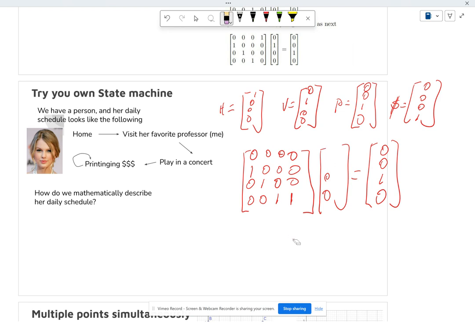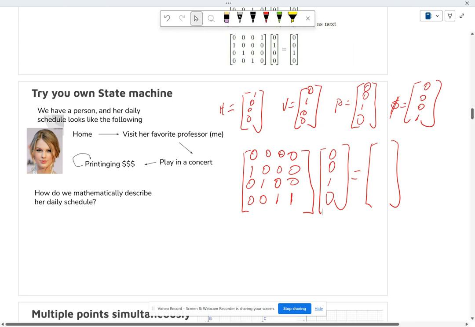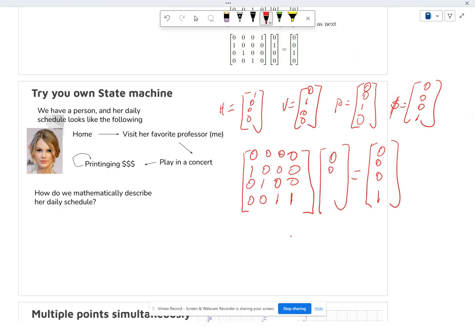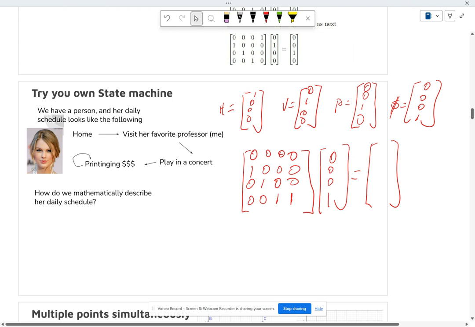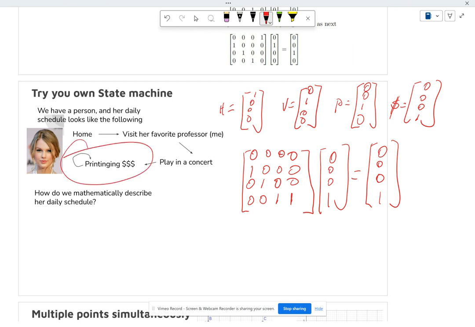Now if we have the third state, 0010, where does that go? That goes to the fourth state, 0001. And if you're at the fourth state, then it stays at the fourth state. It's because when you're at the fourth state, you don't go home. You just keep going. So this is the permutation matrix. And that's how you can describe somebody's day.